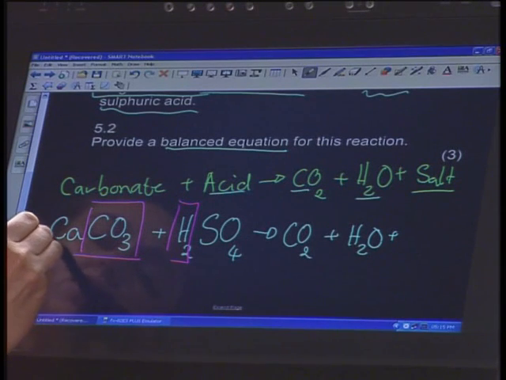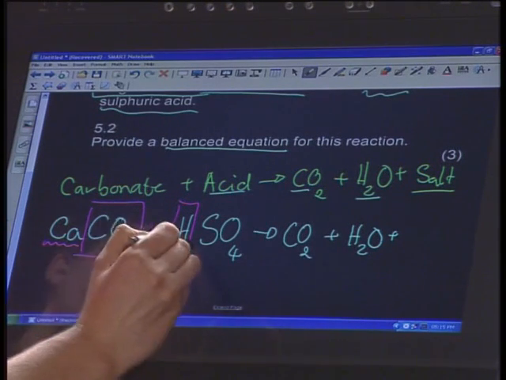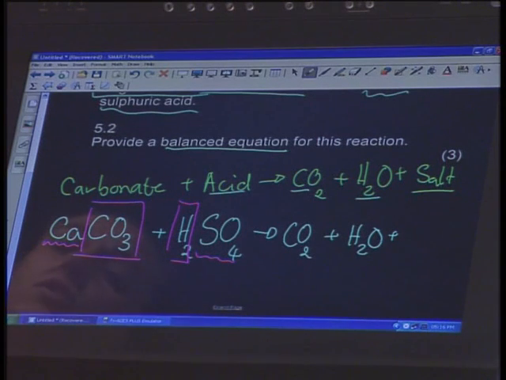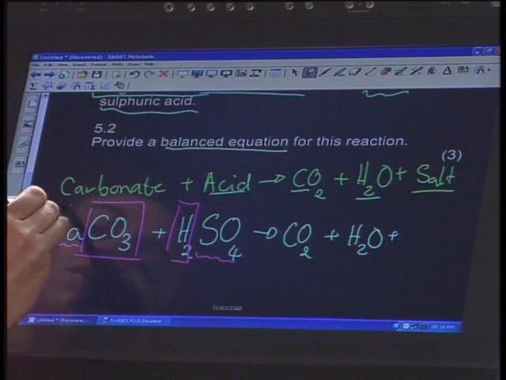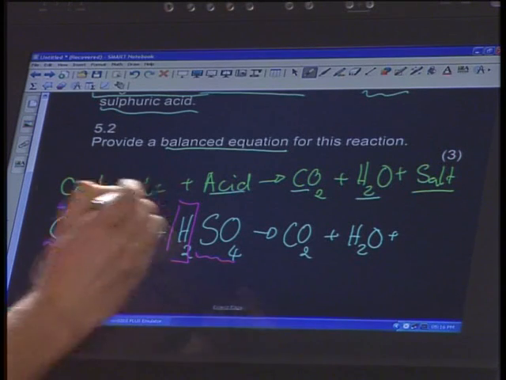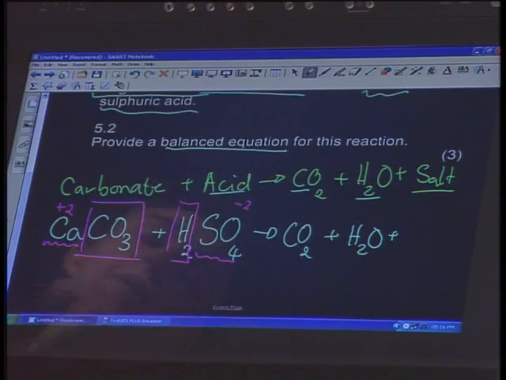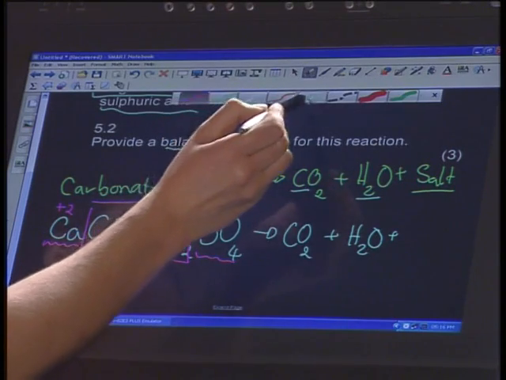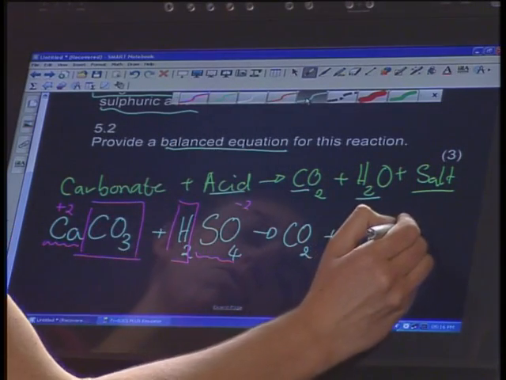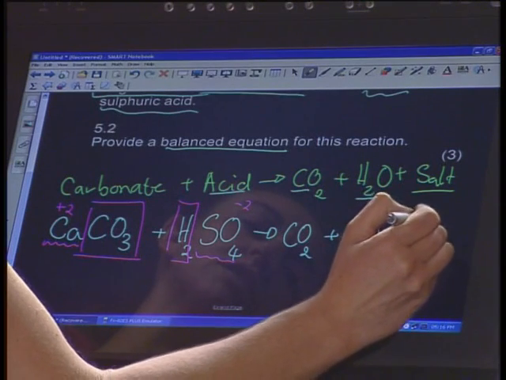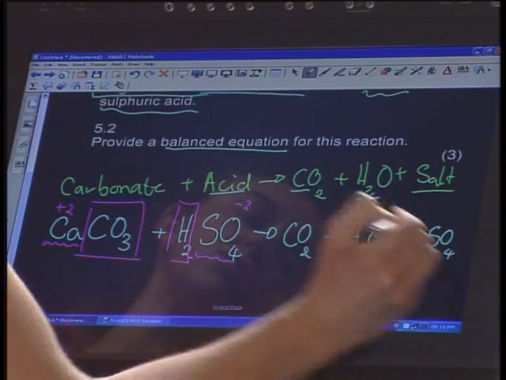So you will now see that you basically have your calcium ion and your sulfate ion left. Calcium, being a metal, forms a +2 valence charge, and your sulfate has got a -2 valence charge over there. So if those two combine, they're going to form a substance called calcium sulfate, CaSO4.